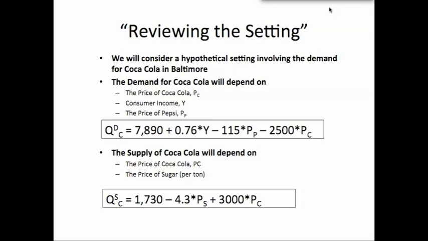Our demand function is shown in the box in the middle of the slide, and you can see that we have the quantity demanded dependent upon consumer income, the price of Pepsi, a competitor of Coca-Cola, and the price of Coca-Cola itself. We had a supply function where the quantity supplied of Coca-Cola depended on the price of Coca-Cola and also on the price of sugar per ton, because sugar is a major ingredient in Coca-Cola.